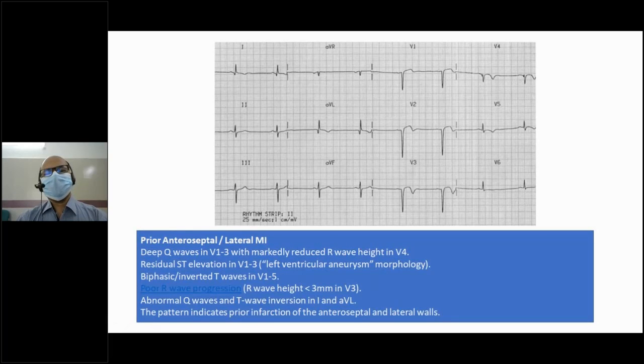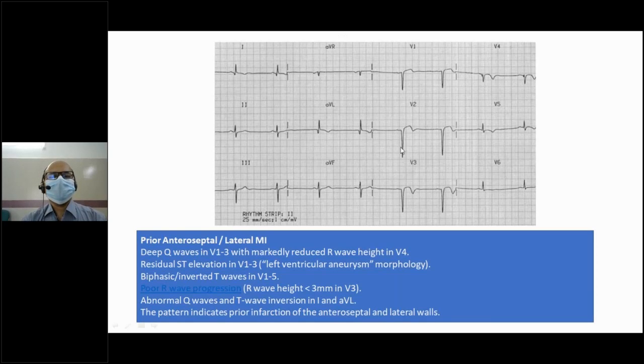This is another example of ST elevated myocardial infarction. This patient has anteroseptal and lateral involvement, more anteroseptal, because this patient has findings of pathological Q waves.